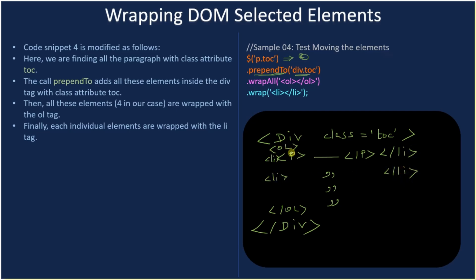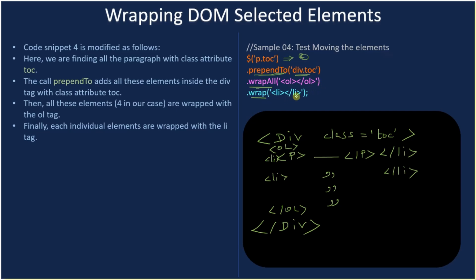So if you see, in our previous example, we are moving all the content to the div, that's the placeholder. Then using wrapAll, we are wrapping all those 4 paragraphs within the ol tag. And then for each paragraph, we are marking that with the li tag. So that's how we are using wrapAll and wrap. wrapAll we are using to surround the 4 paragraphs with the ol tag.